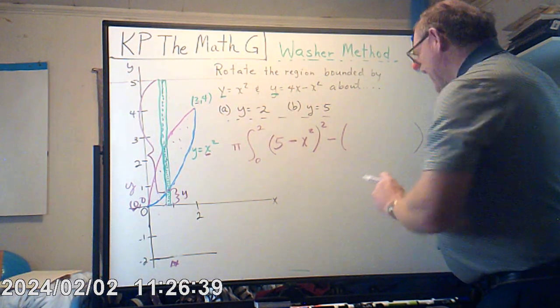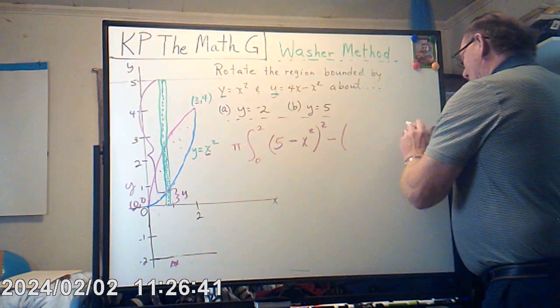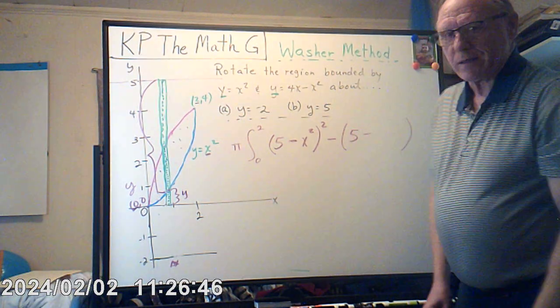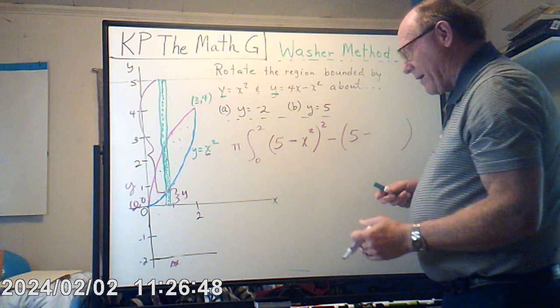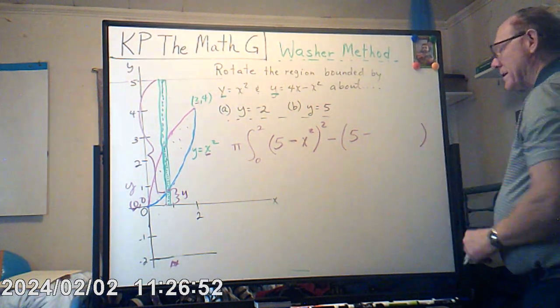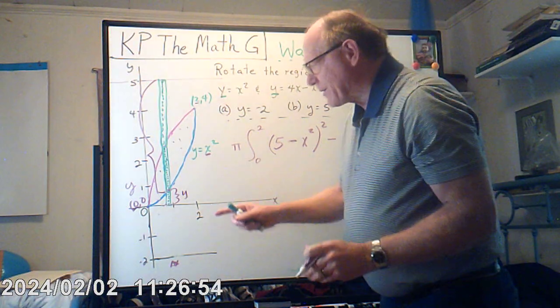And I want to tell you something. I want you to learn that I guarantee you there's another 5 minus something in it. Once you see the pattern, that's it. I'm going to have to extend this parentheses a little further out. Now, watch. I'm going to show you something.